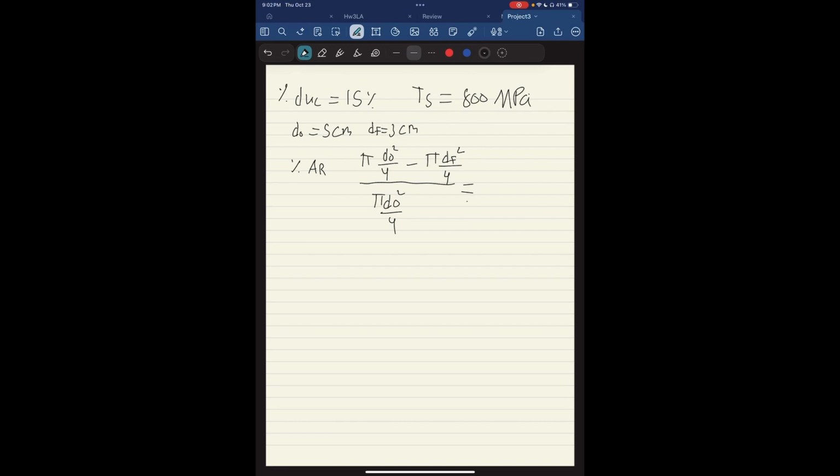You can do some algebra, and this will simplify down to 1 minus df² over d0². When we plug in our numbers, we end up getting 1 minus 9 over 25, which gives us a percent area reduction of 0.64, which equals 64%.